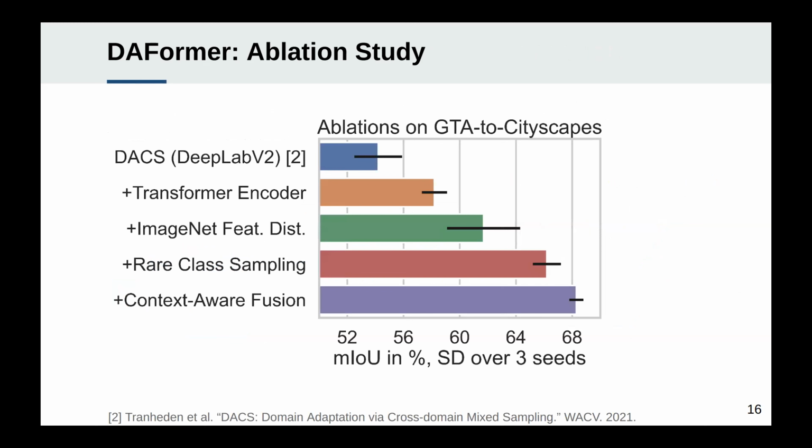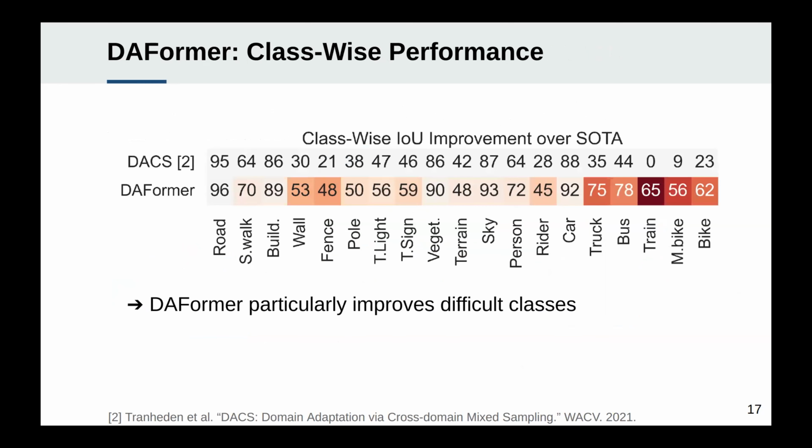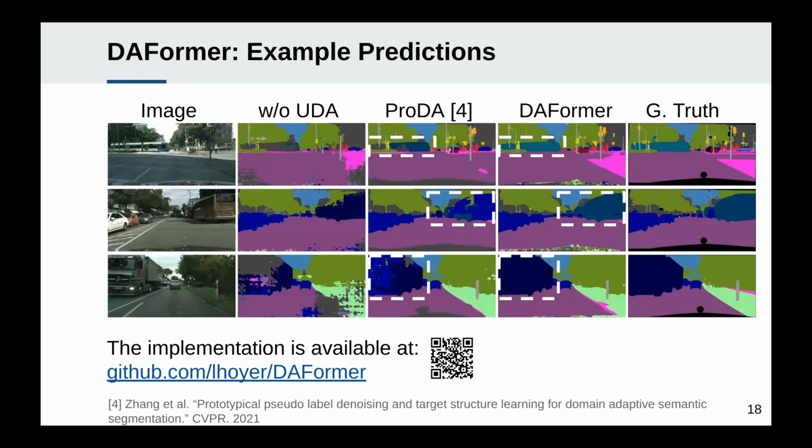When we then look at the ablation study, we can see that all the components we've discussed achieve a quite significant performance improvement, up to a point that we had this nice 10.8 mean IoU improvement. When we look at the different classes that improve, we can see that especially the ones that had very low performance in previous methods, for example train, achieve quite significant improvements, making domain adaptation way more usable in real-world applications.